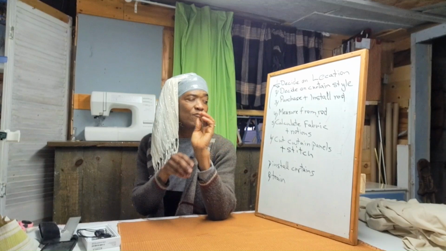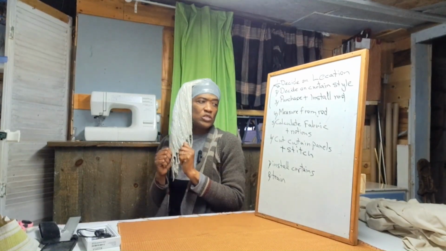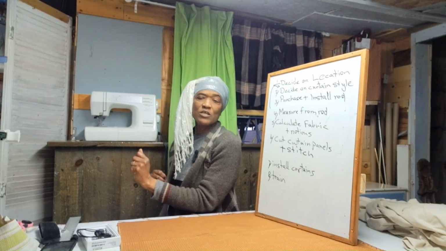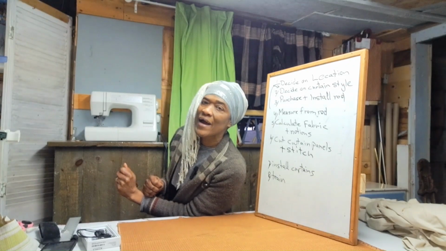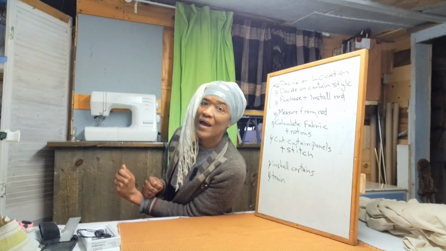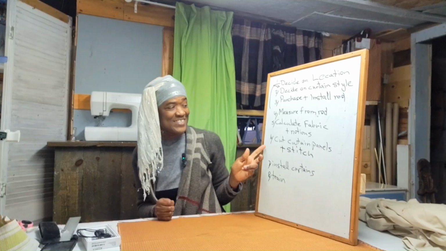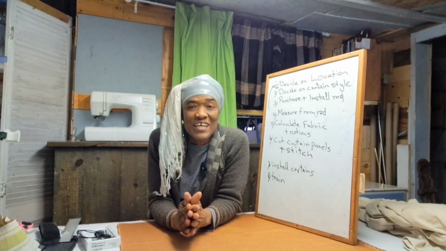Right now, you have your fabric and you have your notions and your embellishments. You're going to take them home and you're going to get busy. And number 6, start cutting your panels.